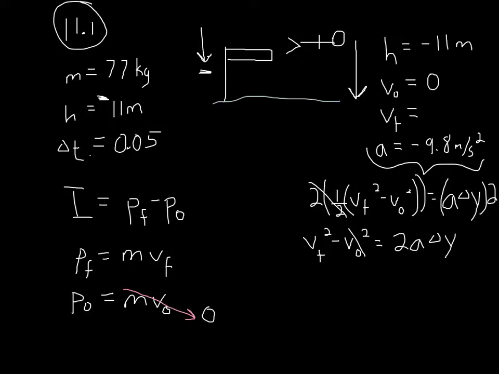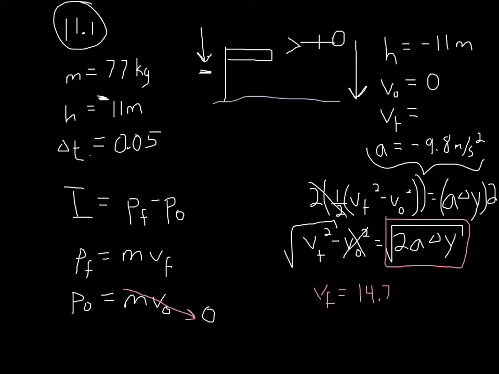My v initial squared is 0. I take the square root of both sides and find that my final velocity has to be equal to the square root of 2 times a times change in y. You can plug in all your numbers and you will find your final velocity, vf, is equal to 14.7 meters per second.